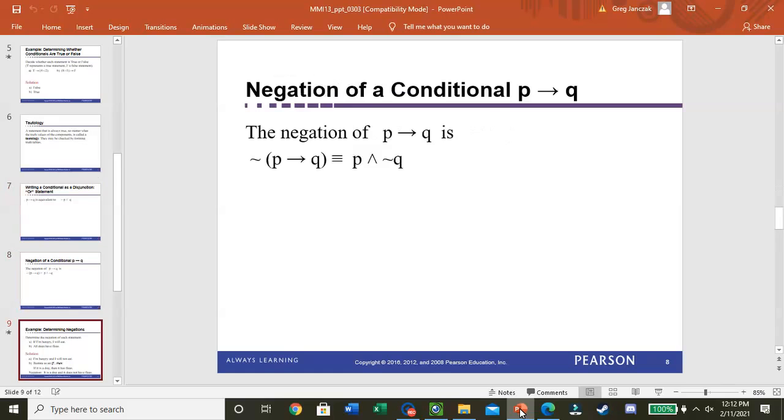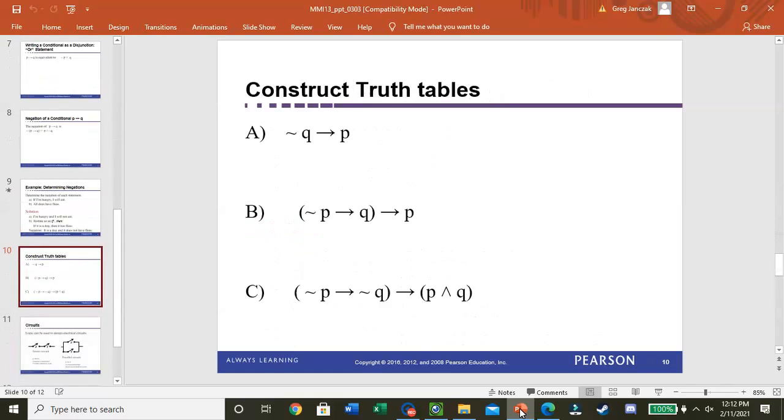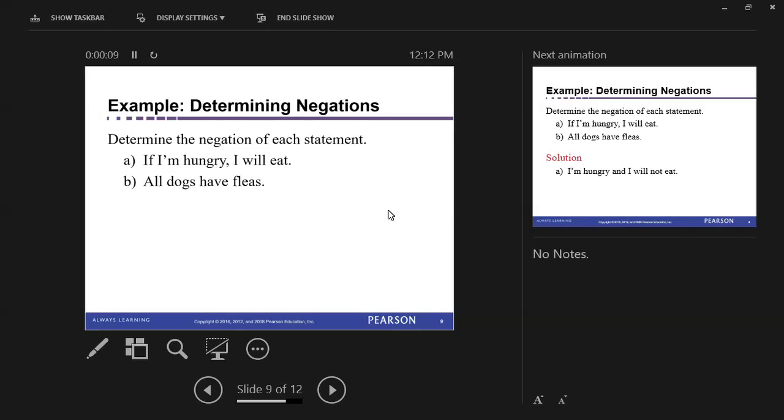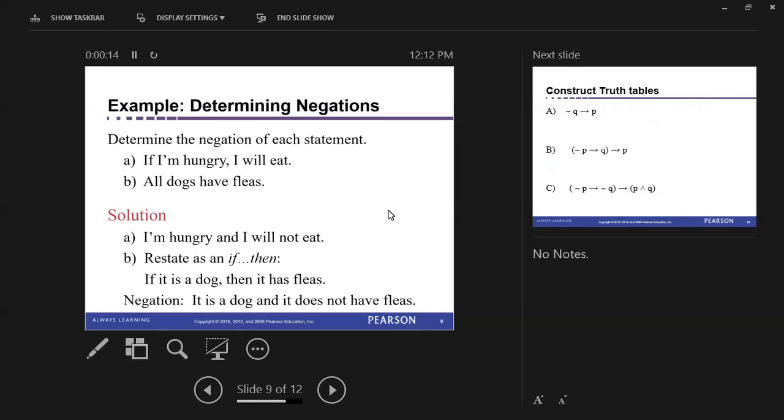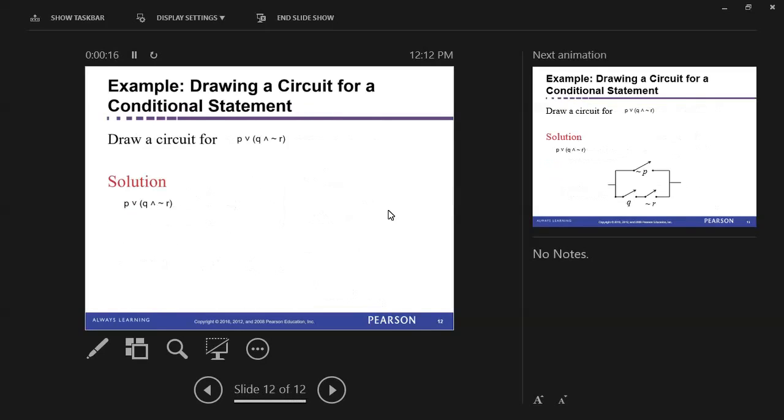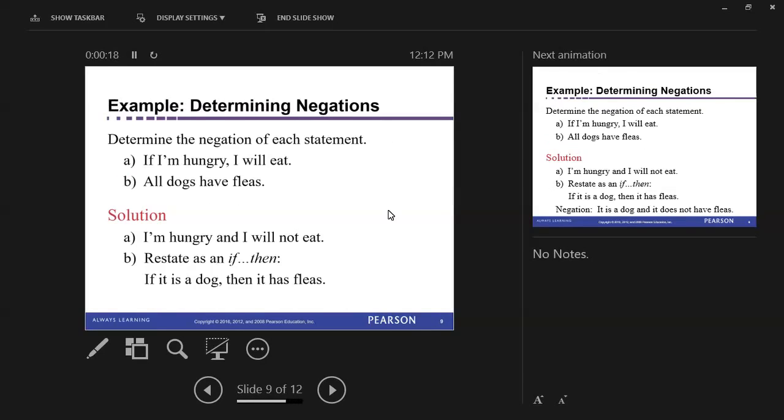All right, so we're going to skip this one here. Okay, so with this next one, determine, no, that's not right. Okay, back up.